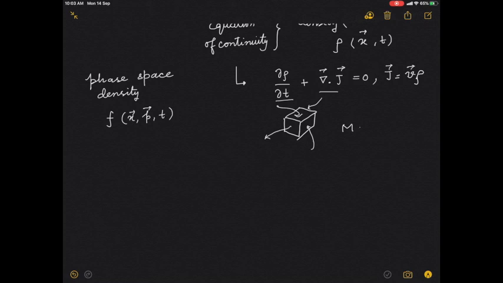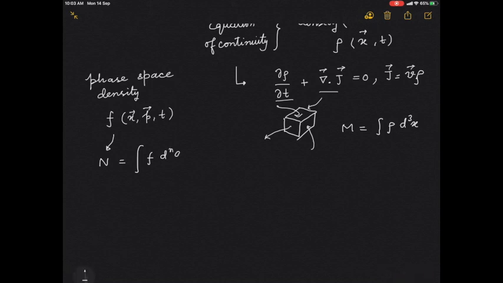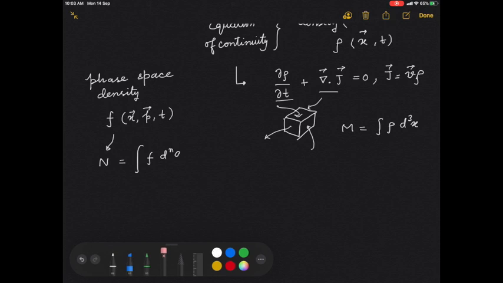If I integrate this density, the total mass in the case of a fluid is rho times d3x. In the case of phase space density, these are the number of trajectories, so the total number of trajectories will be f times dq and dp.